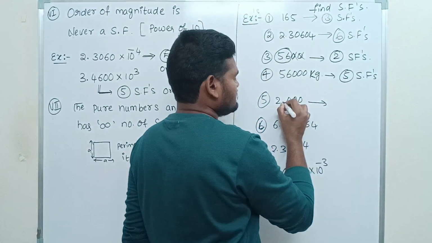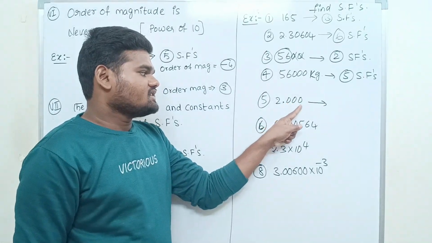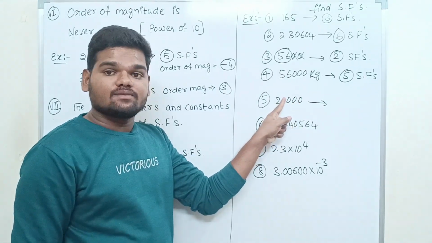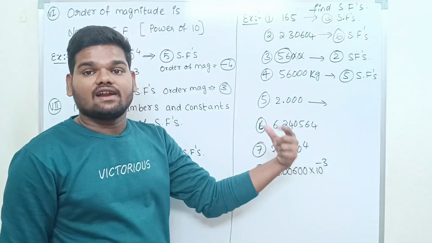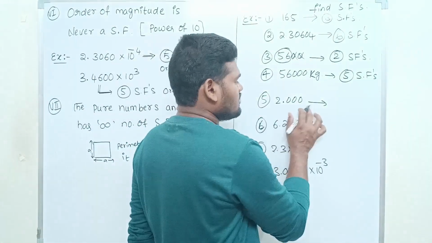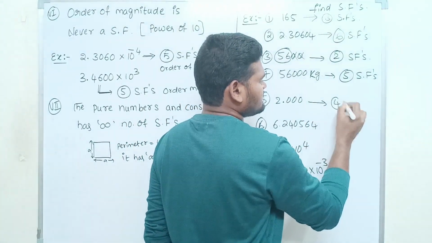Are you getting? Right. Here 2.000, the zeros appear after decimal and are ending zeros. Ending zeros, if they appear after decimal, are also significant figures. So how many significant figures are there? 4 significant figures are there.